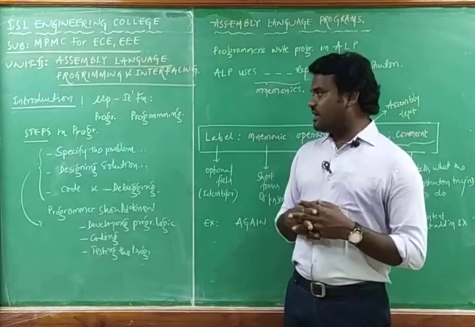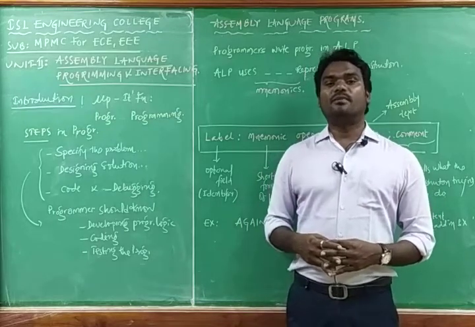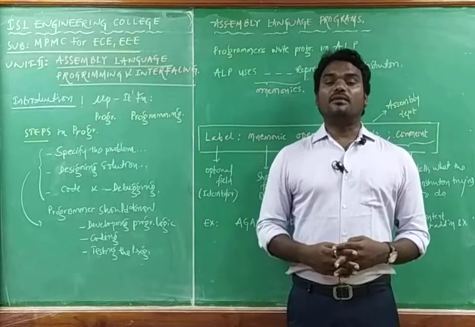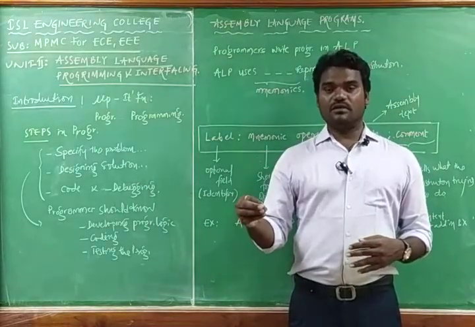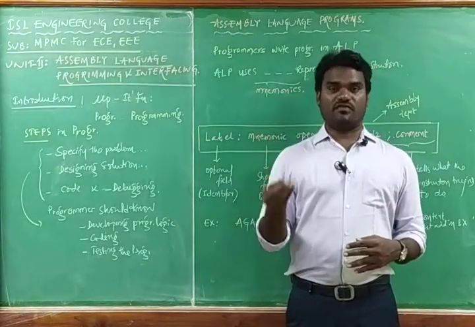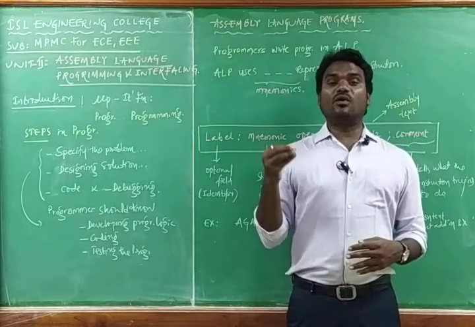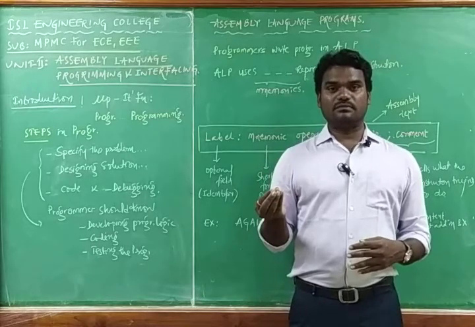In case of writing an assembly language program for the 8086 microprocessor, the programmer should go through these 4 steps. First one, he must be able to identify what exactly the problem is, that means what exactly the task is that the microprocessor has to perform. Second, based on the given question, the programmer should be able to develop the assembly language program.